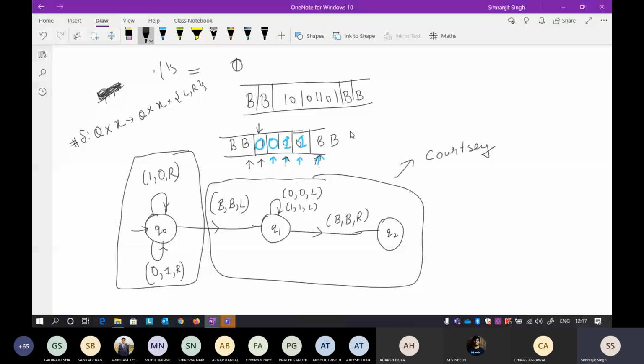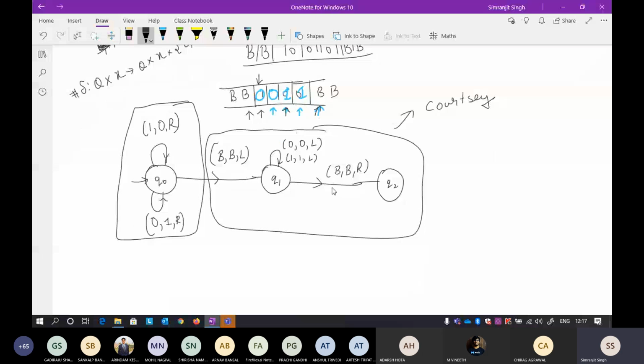Because the Turing machine is acting as a transducer here, and in a transducer's state transition diagram most of the time there will not be a final state. That is why I'm not taking a final state.